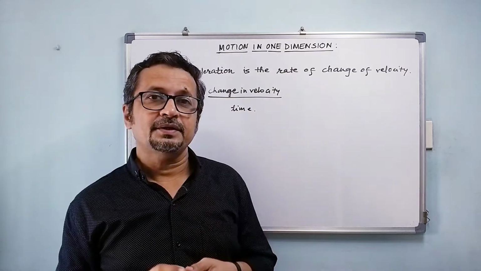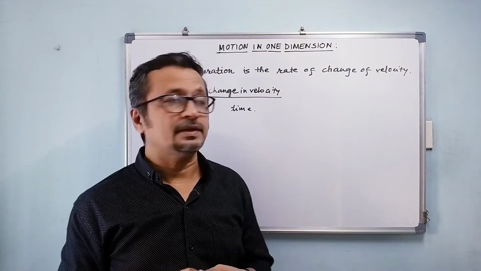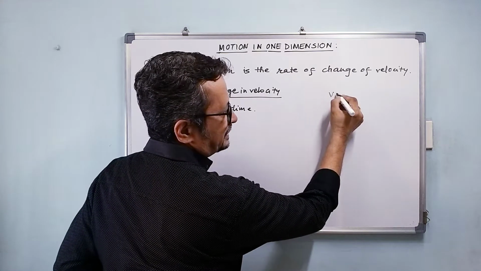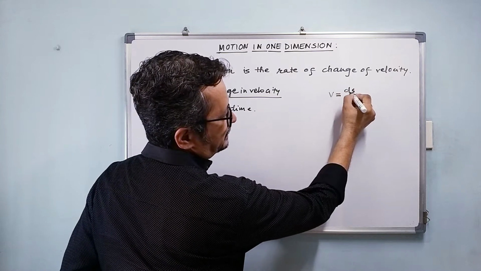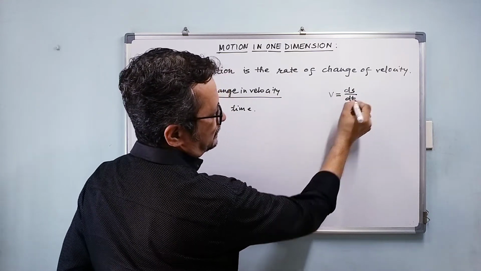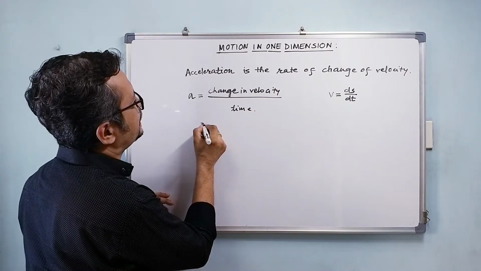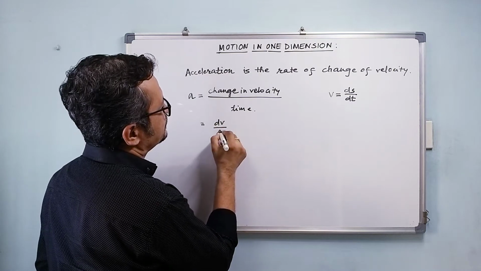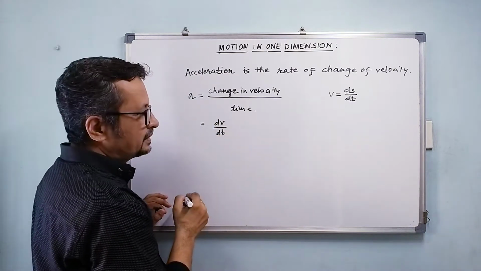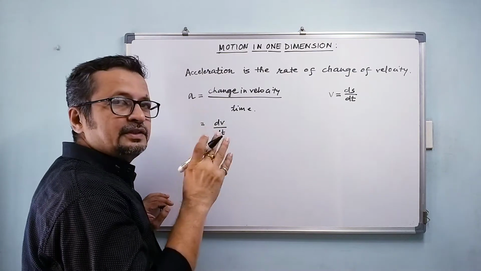We had defined velocity as rate of change of displacement: velocity is equal to ds by dt. So now I am defining acceleration as rate of change of velocity. So I would call this dv by dt, correct? Derivative. Again I am using some basic calculus here.